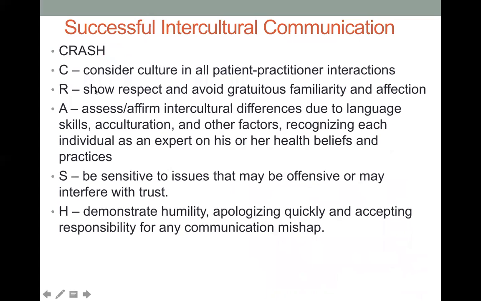Successful intercultural communication. There is a mnemonic for this, and a mnemonic is kind of an abbreviation of letters that can help you remember what key tips are for this. So C, consider culture. What culture is this person from? Anytime you're talking to them, what culture are they? Show respect. You should do this for anybody.